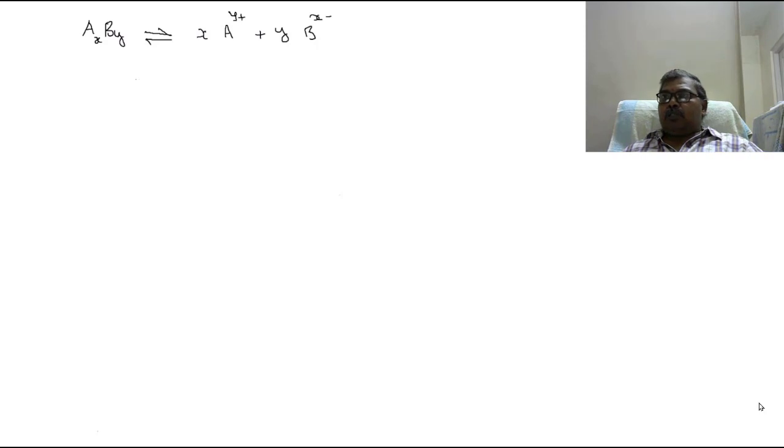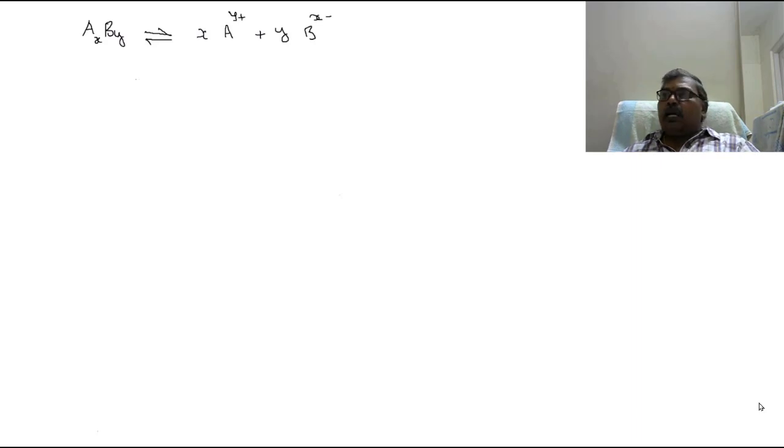So let us suppose that AxBy is an electrolyte and it ionizes as A y plus cation and B x minus anion. So according to the formula, we will get x moles of A y plus ions and y moles of B x minus ions. Clear?